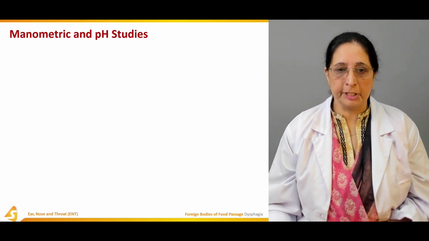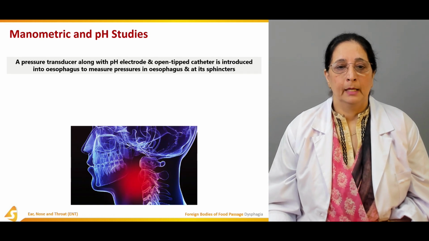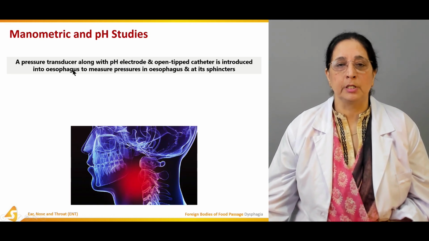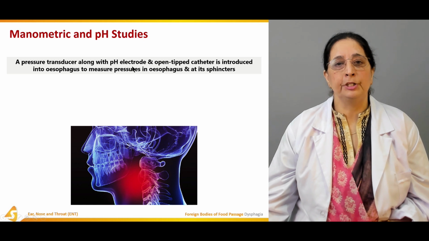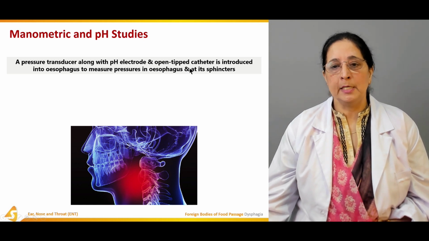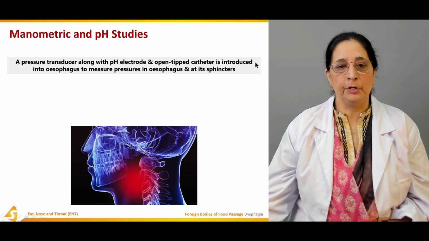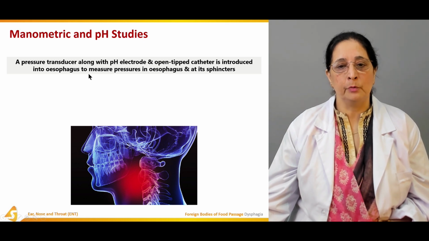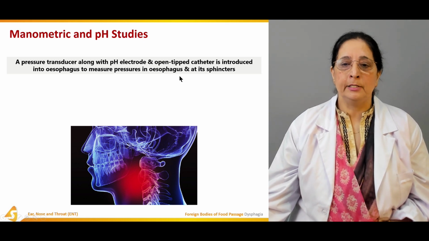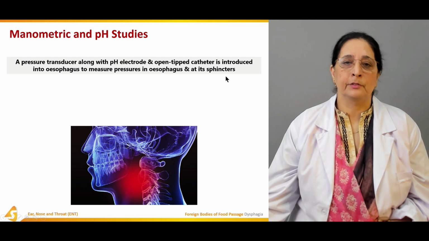Manometric and pH studies. A pressure transducer along with a pH electrode and open-tip catheter is introduced into the esophagus to measure the pressure in the esophagus and at its sphincters.